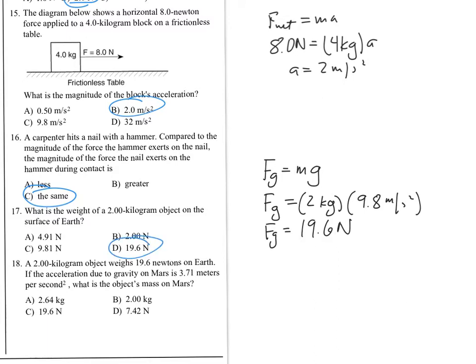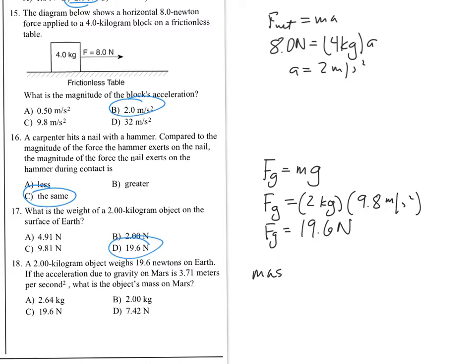Question 18 is a bit of a trick question here, so be careful. A 2 kilogram object weighs 19.6 newtons on Earth. If the acceleration due to gravity on Mars is 3.71 meters per second squared, what is the object's mass on Mars? So what we should know is that mass never changes depending wherever you are.